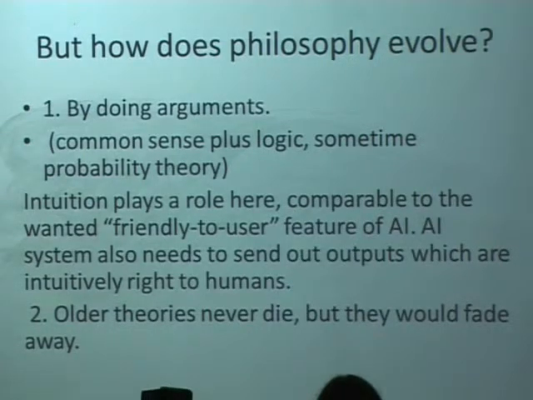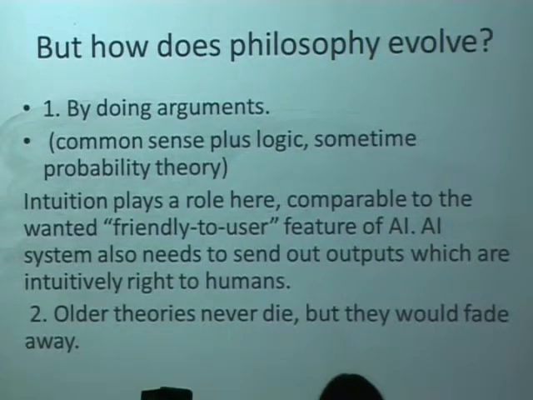So the comparability between the two, I think, should be focused on the role of intuition. Intuition plays a double role here. The first role is that intuition will provide some axioms, some things that do not need to be proved. Another role is that intuition can check the validity of the output.